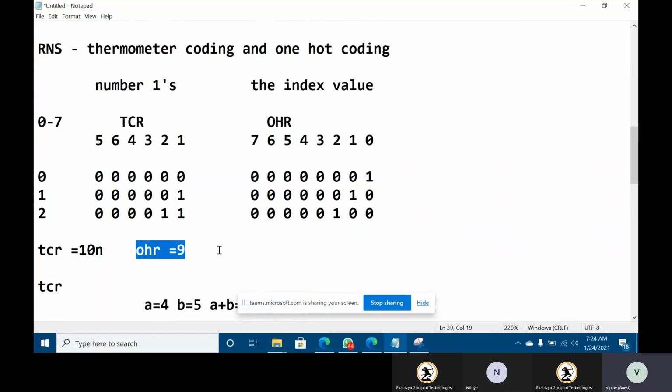Even 1 nanosecond is considered fast compared to the TCR.